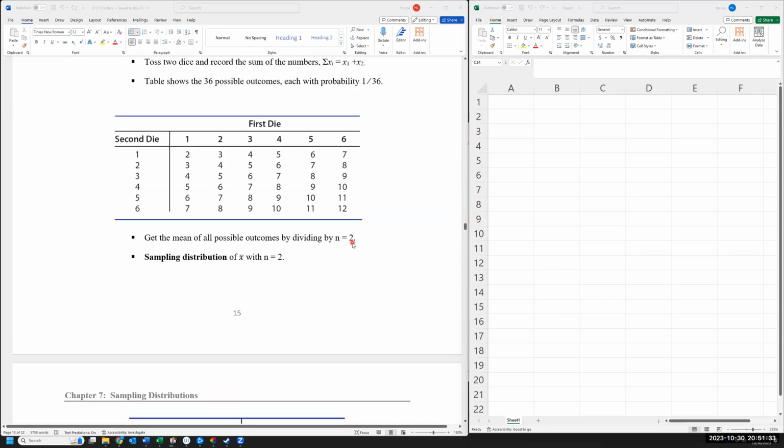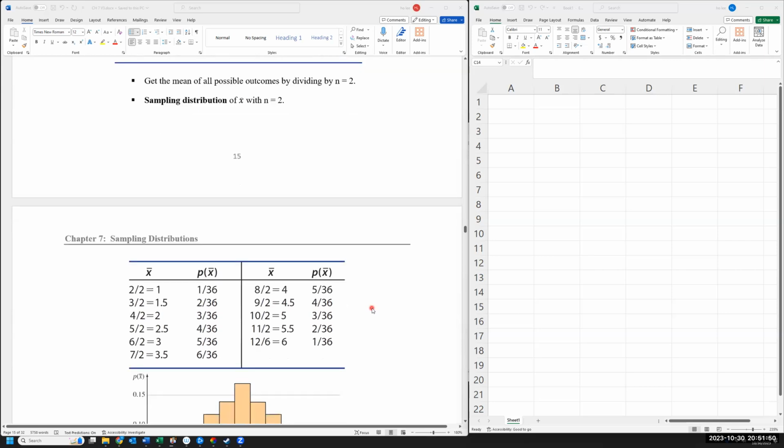You divide by 2 to get the average. When you throw 2 dice and you get a 1 and a 1, that means the sum is 2, but you divide by 2, and that means you got a 1. The average is 1.